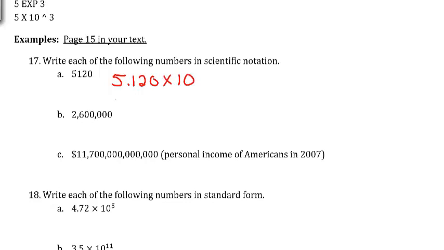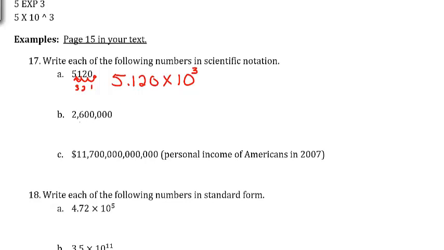We want to write this as being multiplied by some power of 10. And so in a whole number like this, there's really a decimal point. It's right at the end of the number. And so I had to move my decimal 1, 2, 3 positions to the left. So that means that this would be raised to the positive third power, and it's because of how many places I had to move my decimal point.